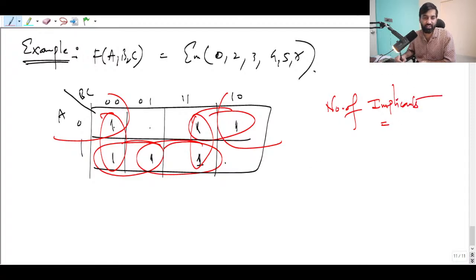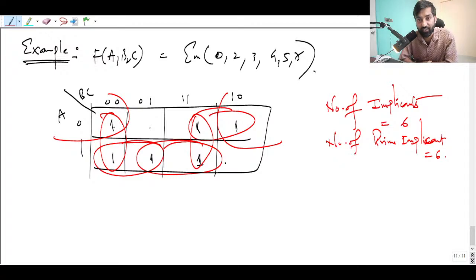So you will say that number of implicants are 6 here. Number of prime implicant कितने हैं? Prime implicant is also 6 only, right? Number of prime implicants are also 6 only, right?